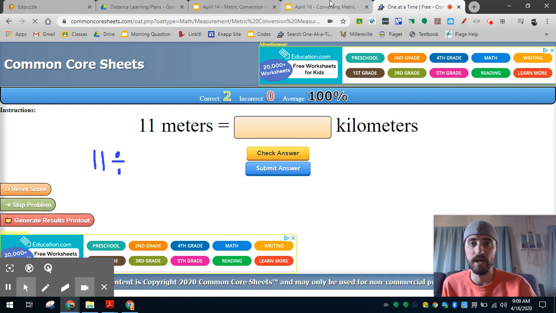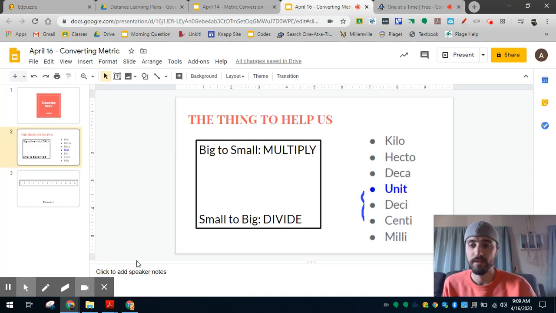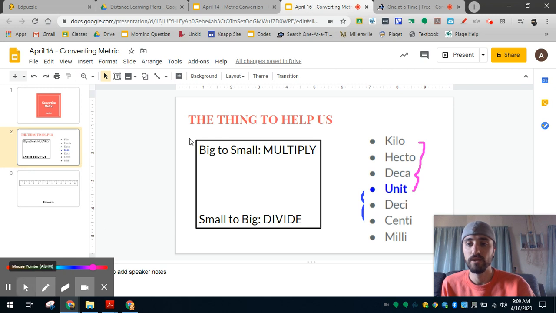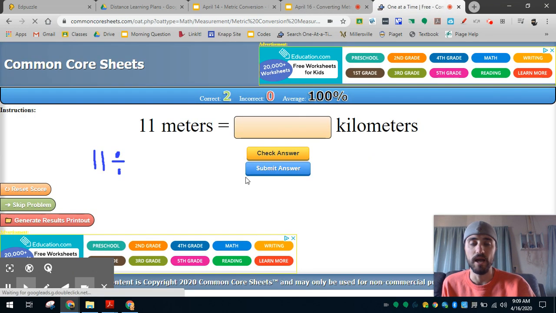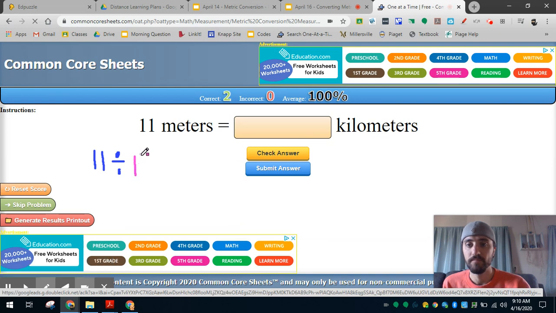Now, what are we going to divide by? We're going from the unit, which is meters, and let's see how many jumps we are doing to get up to kilo. We're doing 1, 2, 3. 3 jumps up to kilo. So I'm dividing by 1 with 3 zeros. 3 jumps tells me I divide by 1 with 3 zeros, or 1,000.